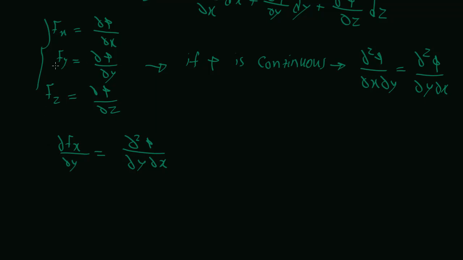I can also take the derivative with respect to x from the second equation. So I can say that dFy with respect to x is equal to the second derivative of phi, now with the derivative with respect to x and then y. We said that if phi is continuous, then this condition is true.